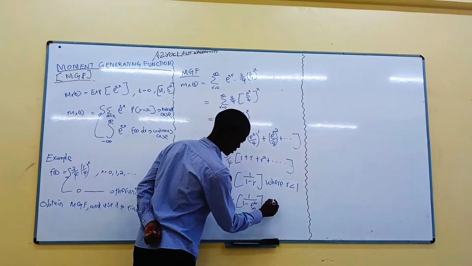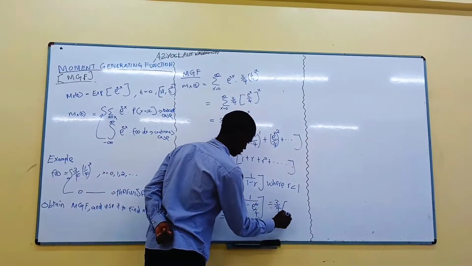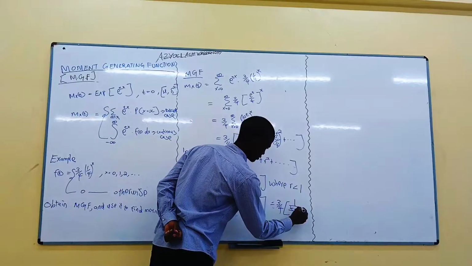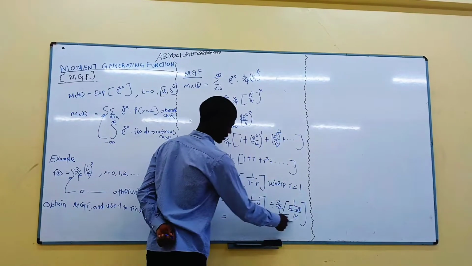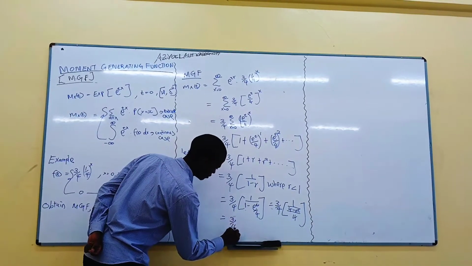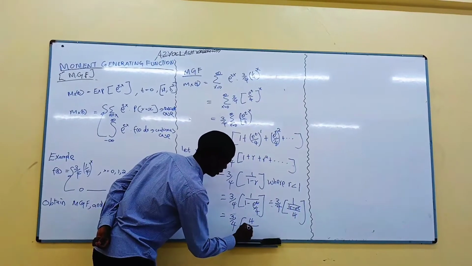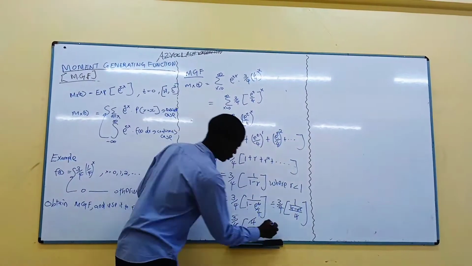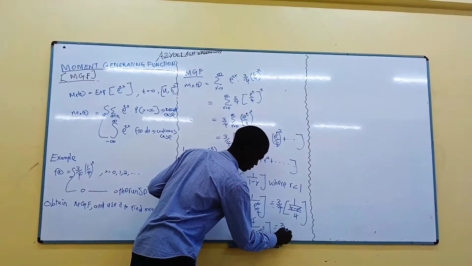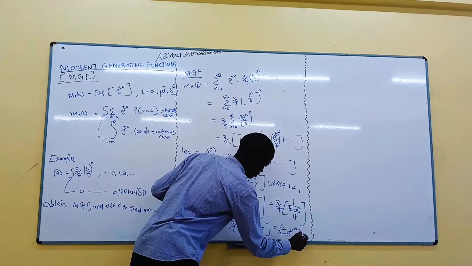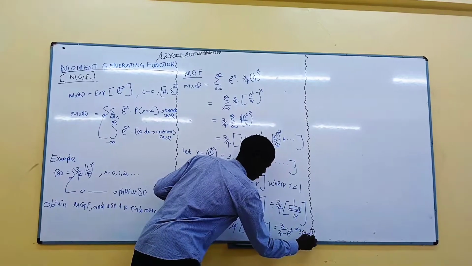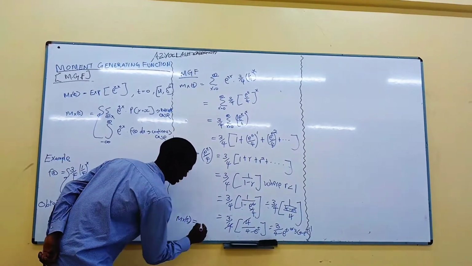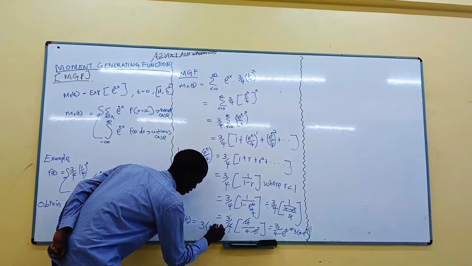With the denominator's LCM, it's going to look like 3/4 times 1 over (4 minus e^t)/4. Factoring out, it's 3/4 times 4/(4 minus e^t). The 4 cancels with 4, giving 3/(4 minus e^t), or 3 times (4 minus e^t) raised to negative 1. And so the MGF is 3(4 minus e^t)^(-1).